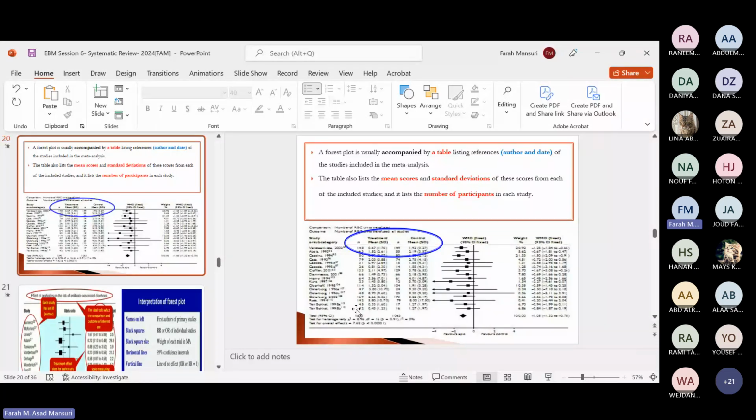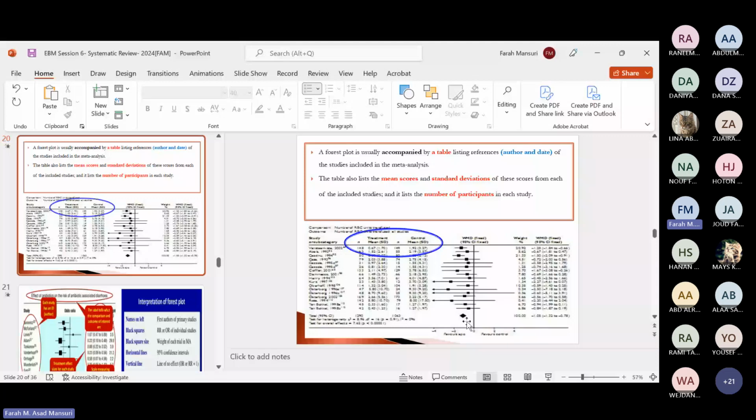And this forest plot is more dense, gathered together. So the weightage of each article is given here, and then the weighted mean by applying the fixed effect model is calculated. And in the diamond shape, we can see that this is the pooled effect.